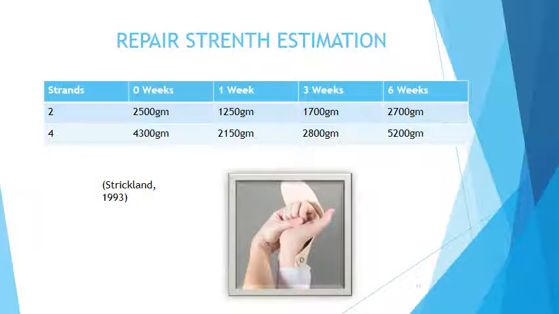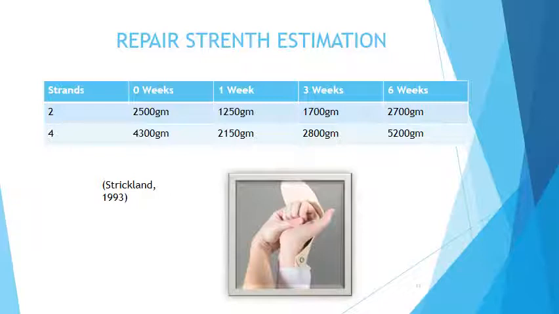Let's now look at a 4-strand repair. At 0 weeks, it's already significantly stronger than a 2-strand repair, at 4,300 grams. So for this reason, with a 4-strand repair, early active protocols can be commenced as soon as the first 3 days of inflammation settle.